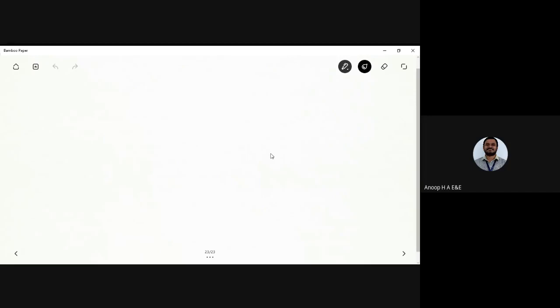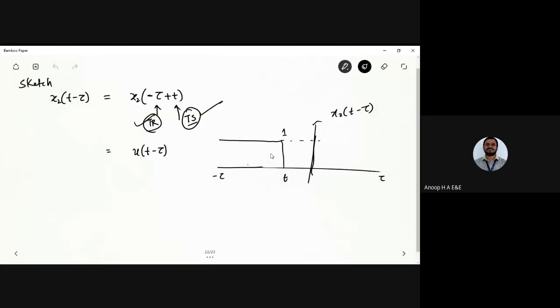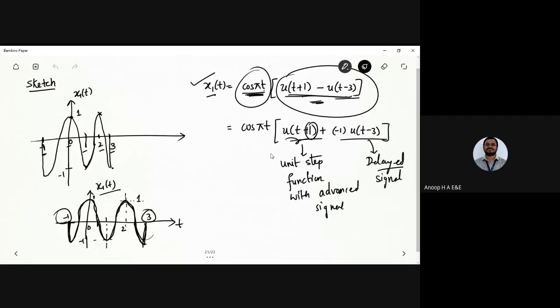Now observe carefully the first signal, that is the sketch of x1 of t. Now I want to overlap the signals here. The third step, after sketching, is that I need to overlap the signals, right?